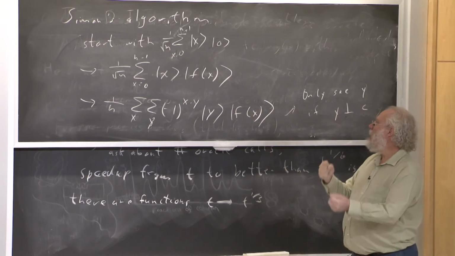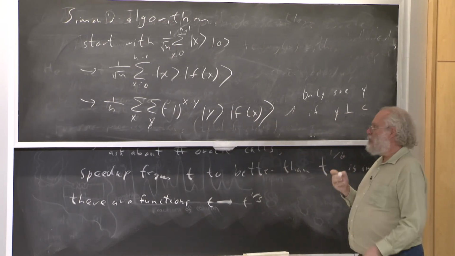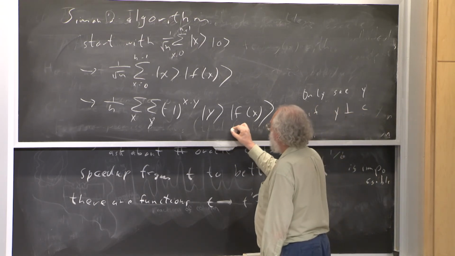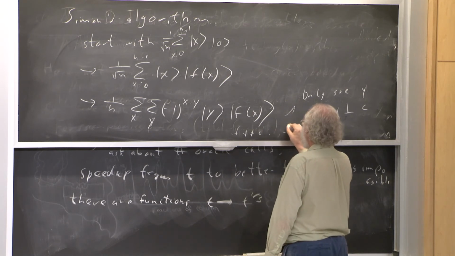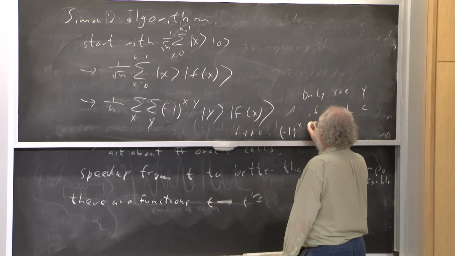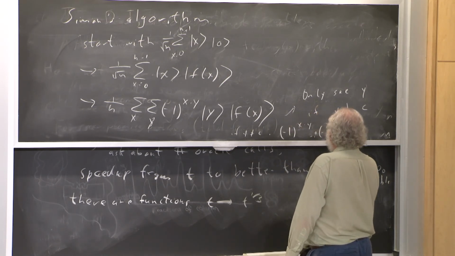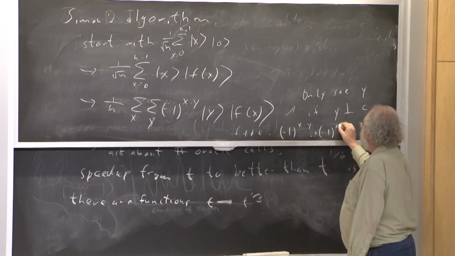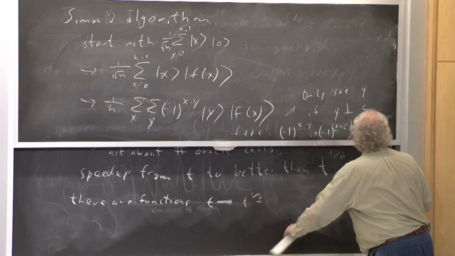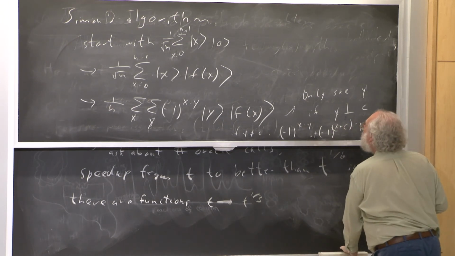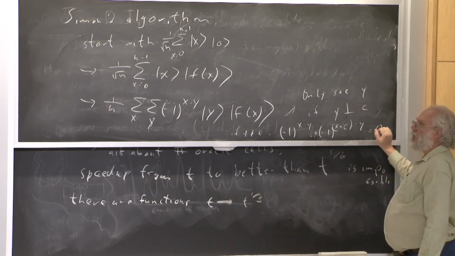One is x, and the other is x plus c. And if y is not perpendicular to c, minus 1 to the x dot y plus minus 1 to the x plus c dot y equals 0. So we only see y's with y perpendicular to c.